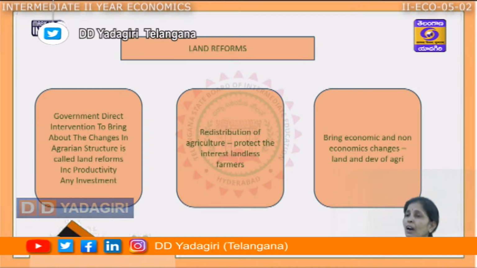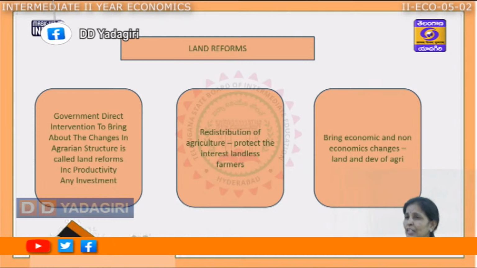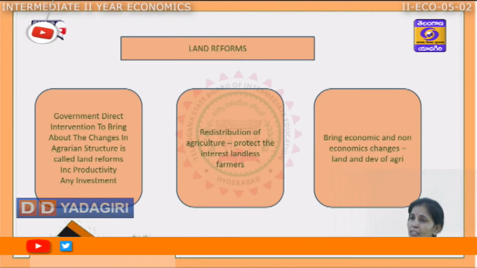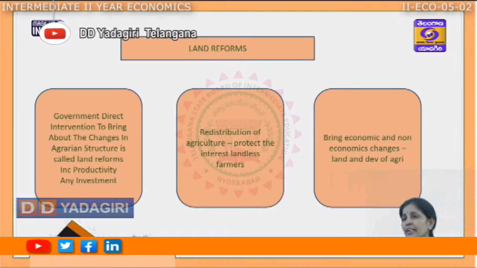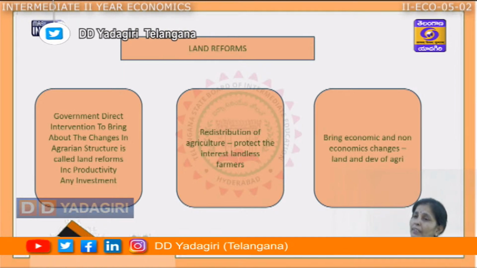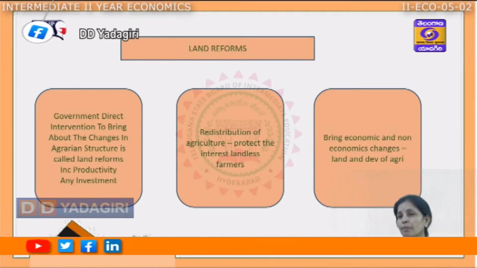It is government intervention, basically to bring changes in the agrarian structure. So the government implementation to bring revolutionary changes in the agriculture sector, or any reform taken by the government on agriculture, is considered land reform.